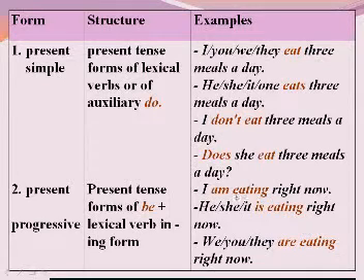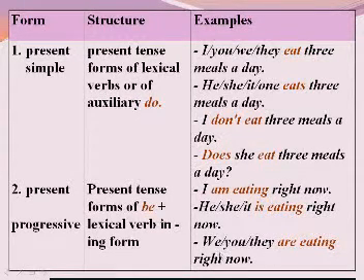So verb to be and then a verb ending in ing. I'm eating right now. The am comes with I, but in case we have he, she, or it, we need is, which is another form of verb to be. So we say he is eating right now, she is eating right now, it is eating right now.